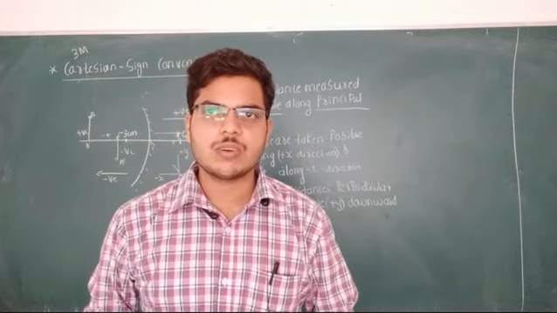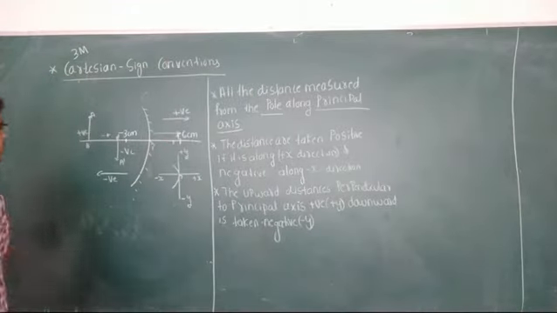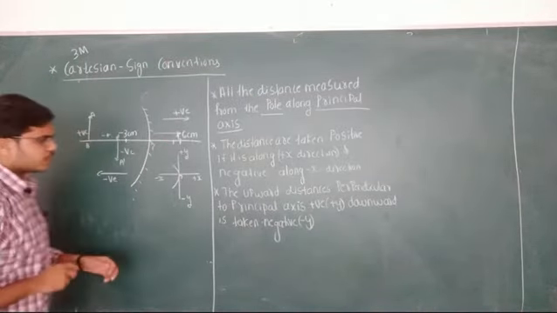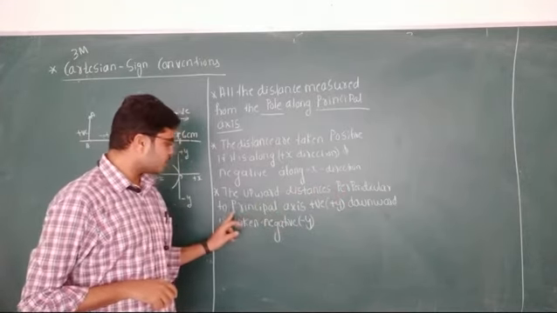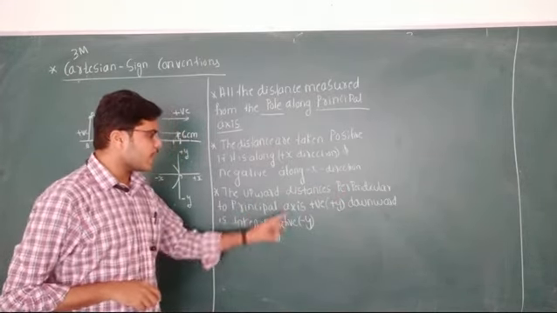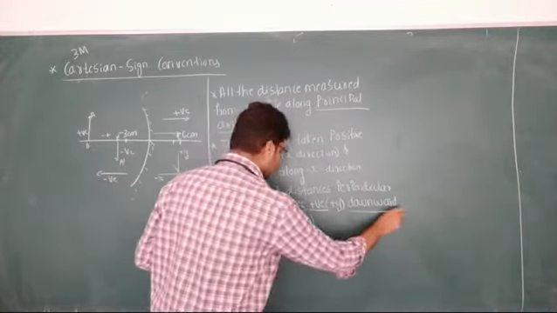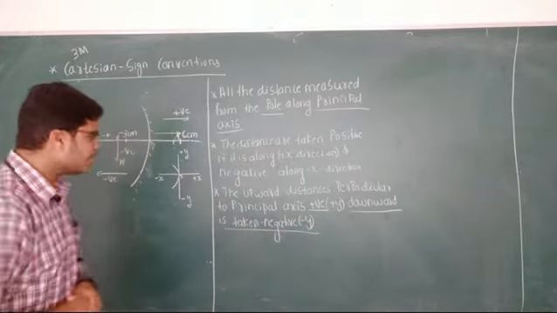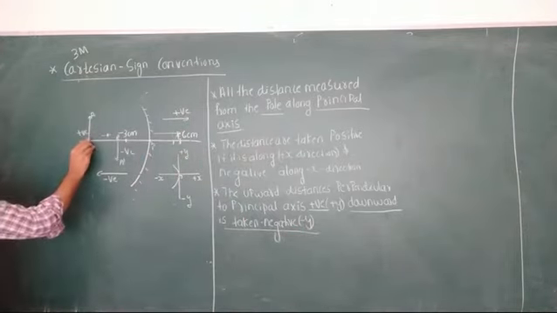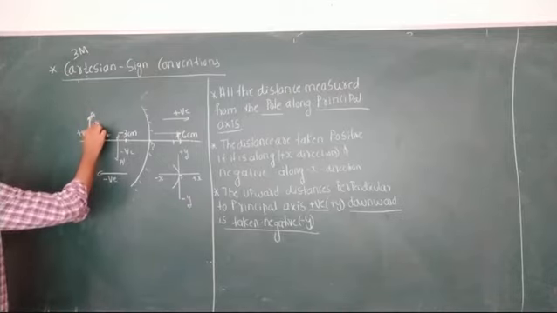Now, the vertical direction. In the vertical direction, what is the third rule? The upward distances perpendicular to the principal axis are taken as positive, and the downward distances are taken as negative. Is it clear? If you look at the object AB, this AB is 2 centimeter.